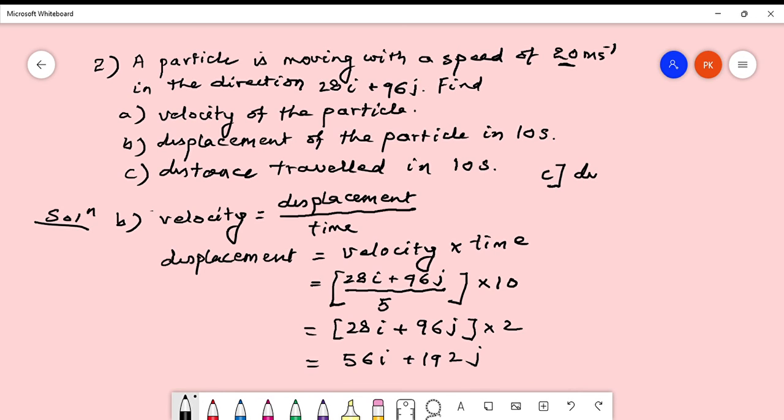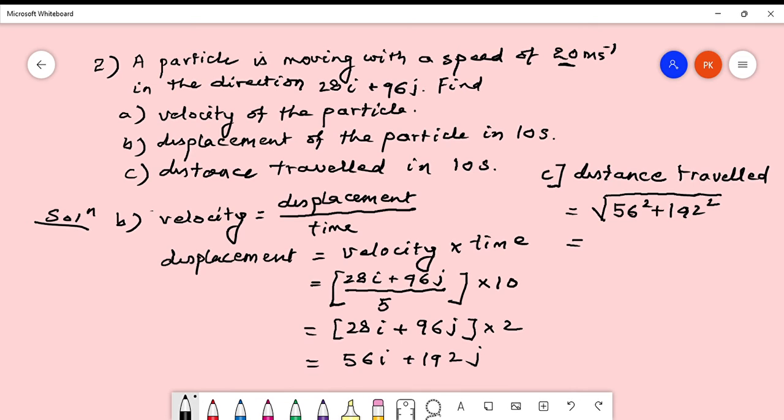So the distance traveled in the time of 10 seconds is the magnitude of the displacement vector, which is root of 56 square plus 192 square. Just do that on the calculator.